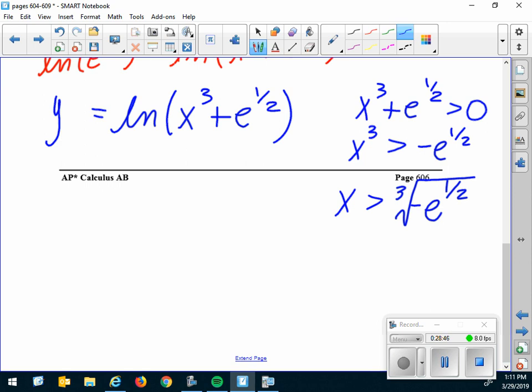So how do we write that in terms of a domain? How would we write it in interval notation, not with the braces and all that garbage? We'd say cube root of negative e to the 1/2 to infinity.